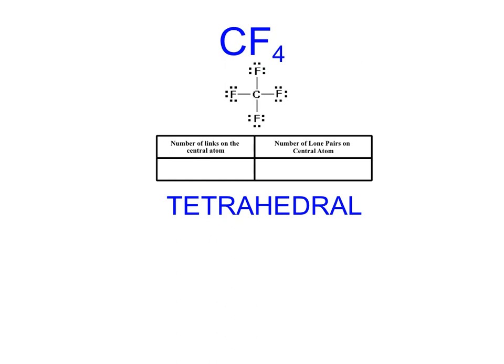CF4, these are always kind of nice and quick and easy. 1, 2, 3, 4. 4 links, no lone pairs. 4 total, that's going to be your tetrahedral. Anytime that you have a single atom in the center with 4 things around it, it's going to be tetrahedral 100% of the time. If there are 4 atoms attached to a center atom, it's going to end up being tetrahedral for us.